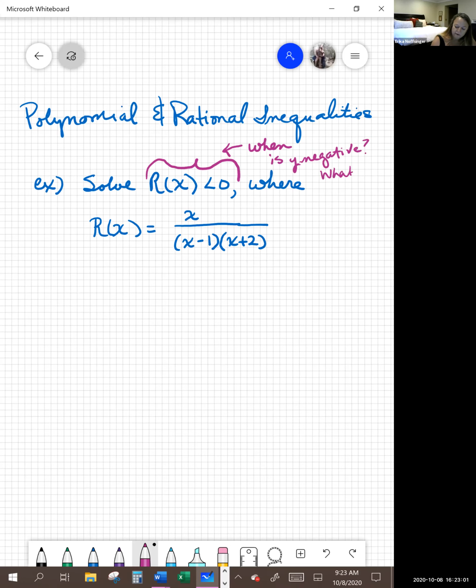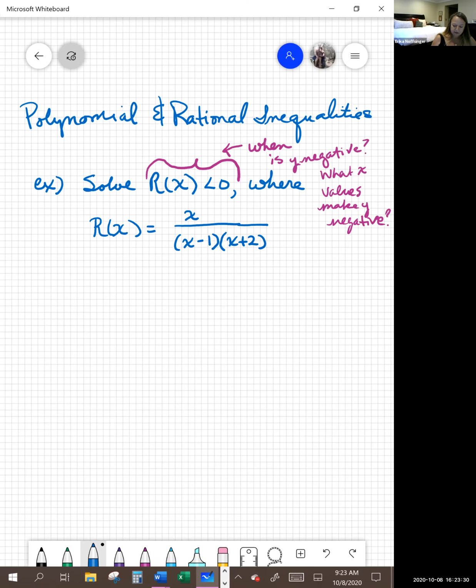What values of x make all our y values negative? So let's graph this, and then find out when the graph of r of x is below the x-axis.